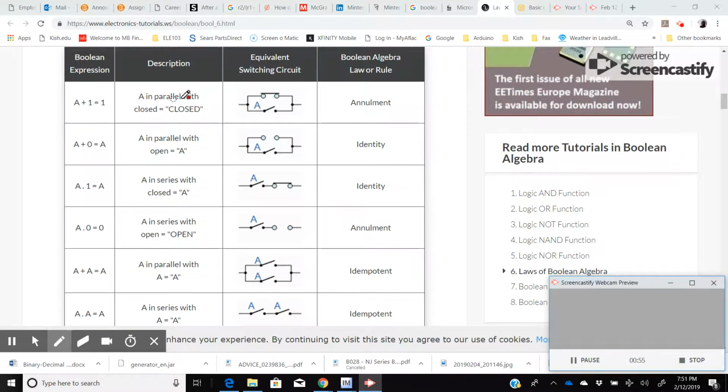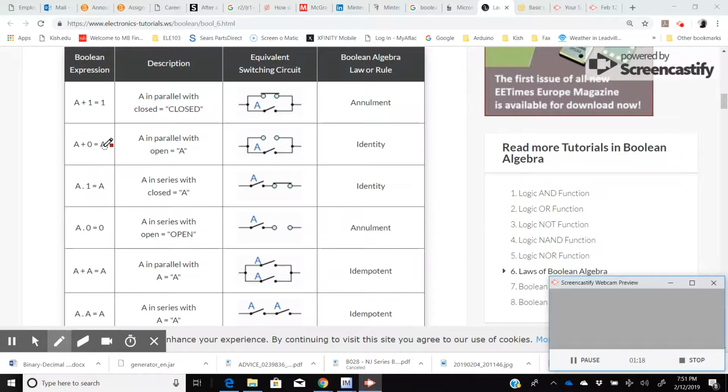So if we look at A in parallel with closed, that means the switch is closed right up here. This is saying that if you take A and OR it with a high, anytime there's a high, you're going to get a 1. If you take A and OR it with a 0, you're going to get A. Well, this basically says what the OR gate does.